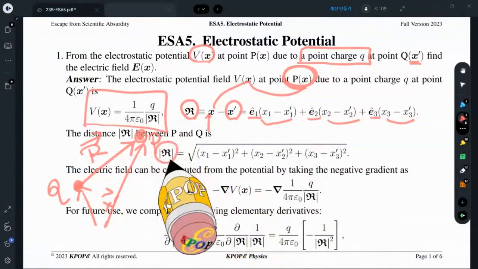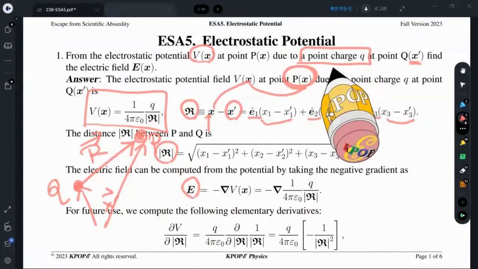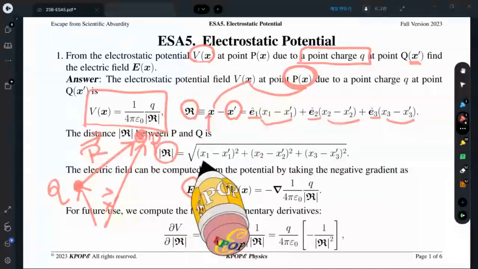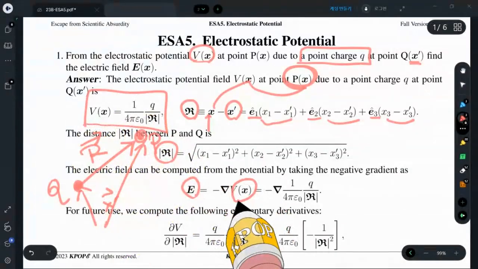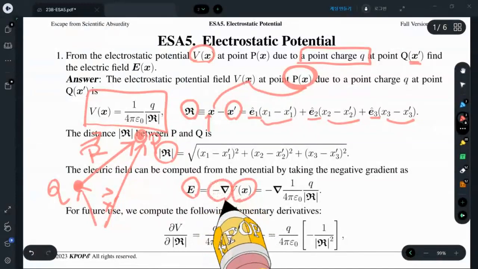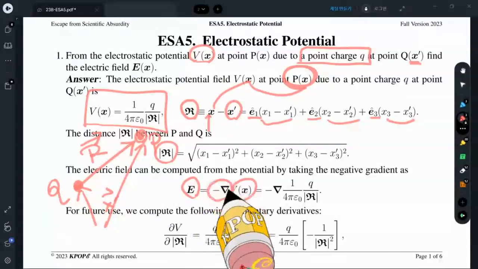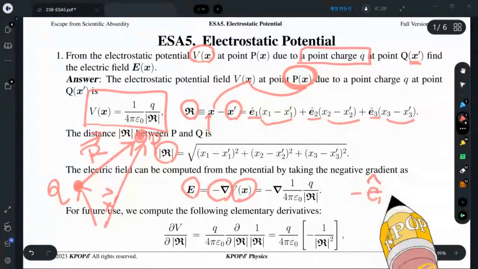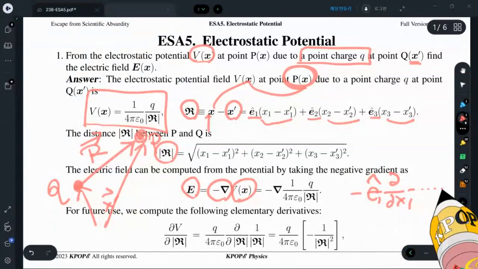Once you know this value of the distance between the field point and the source charge, then we determine this potential and then insert this potential into this formula, minus gradient. Gradient is e1 hat, x1 derivative, and so on.